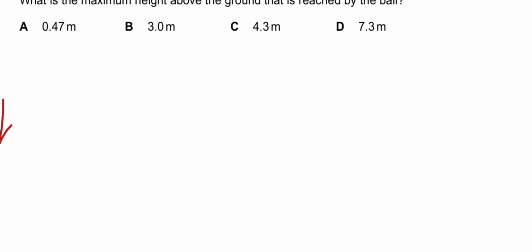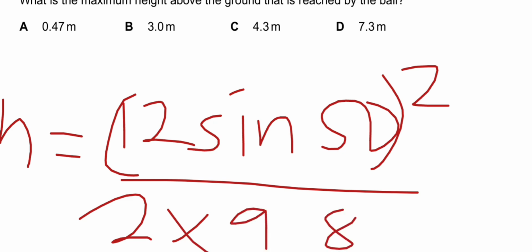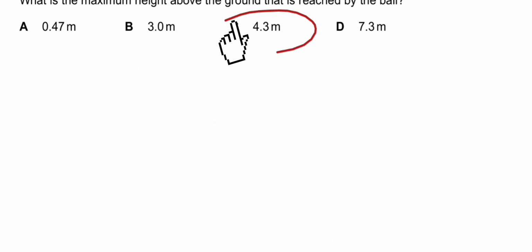So h is equal to (12 sine 50) all squared, divided by 2 times 9.81. If you compute that, you end up with a height of roughly 4.30. So our answer becomes C.